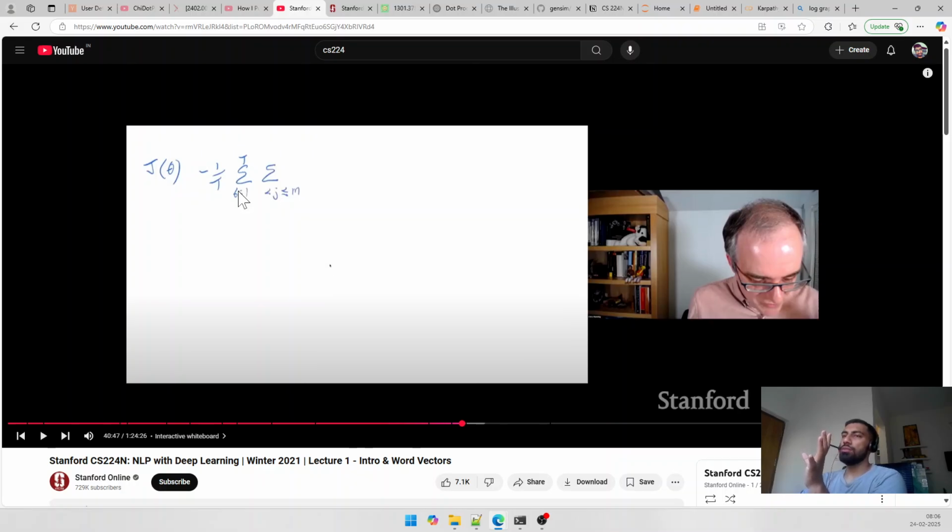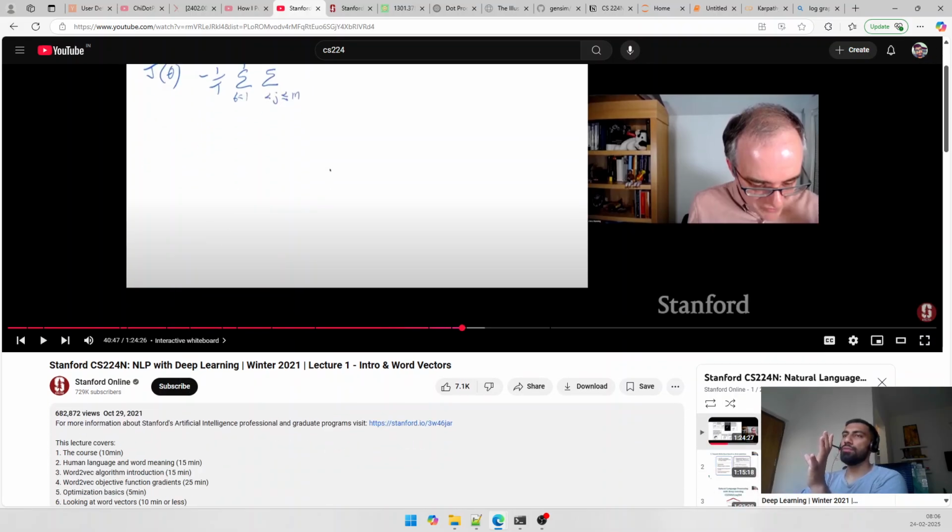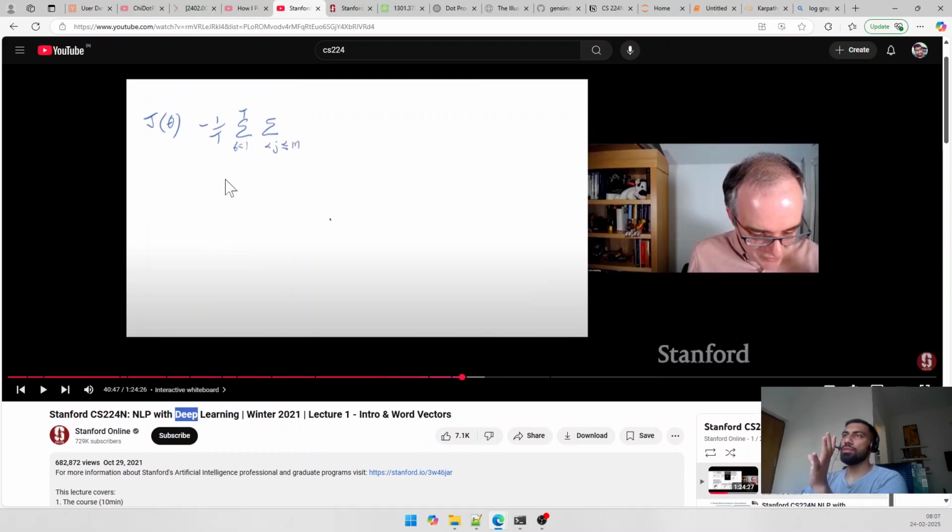Something like, say t is equal to 1 2 3 4 5. If t is equal to 5, because we are going from 1, we first take Stanford, then this, then this, then this, and this. So when we reach t equal to 5, we are going through the context words on each side, minus m to m, say m is 2.